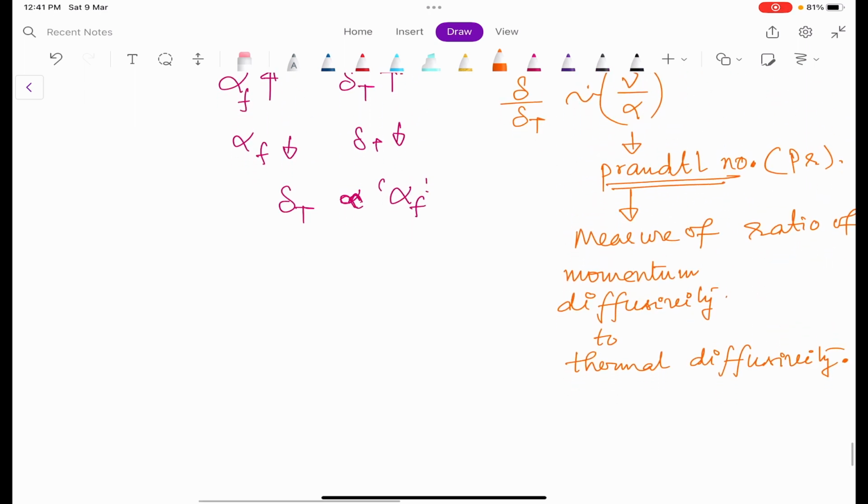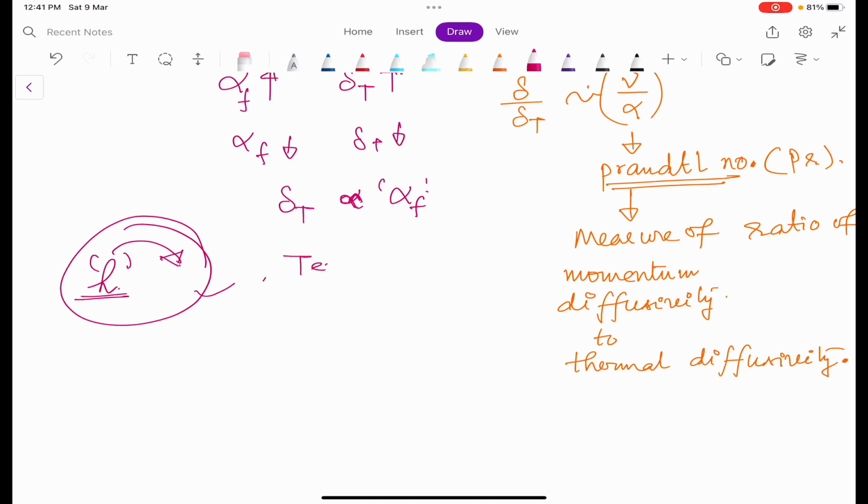Before that, let me recapitulate the objective of an engineer from the point of view of heat transfer: that is to calculate the heat transfer coefficient h mainly, and also the temperature profiles, since how much heat flux is going depends on this h.